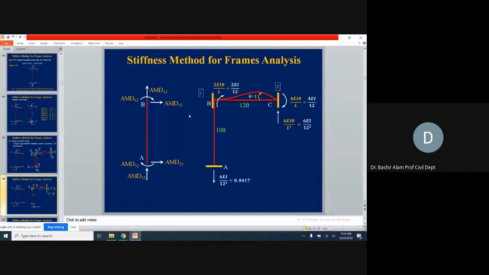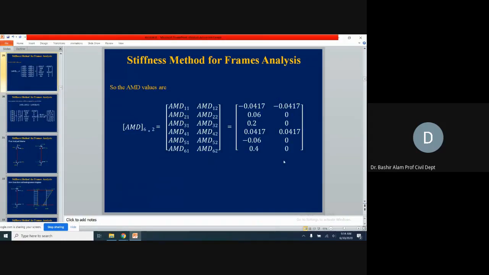AMD 3,2, again 0. AMD 4,2, it is in the same upward direction here, this reaction. From where it is coming, it is actually coming from DC. Here it was downward, so for member AB, it is in the upward direction. And similarly, AMD 6,2 is equal to 0. And this way now we have completed this AMD matrix.